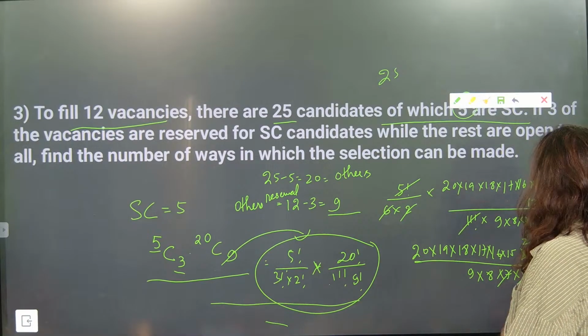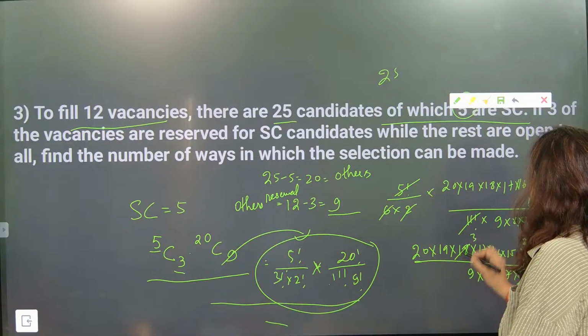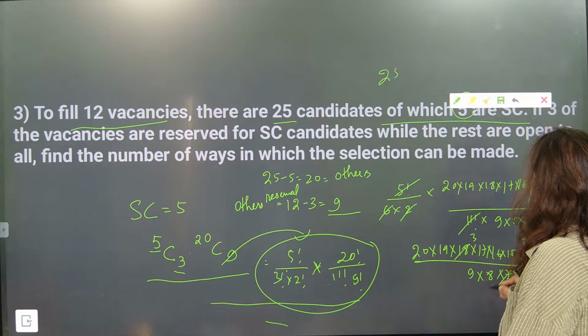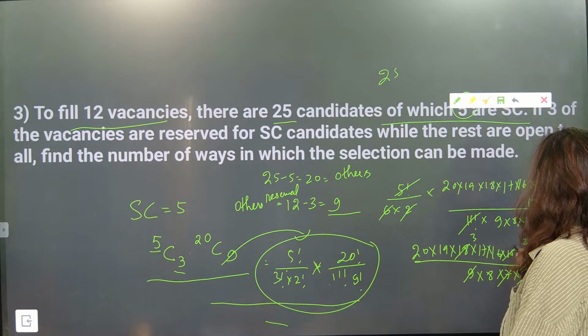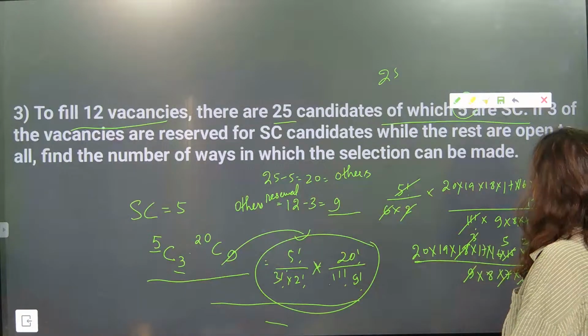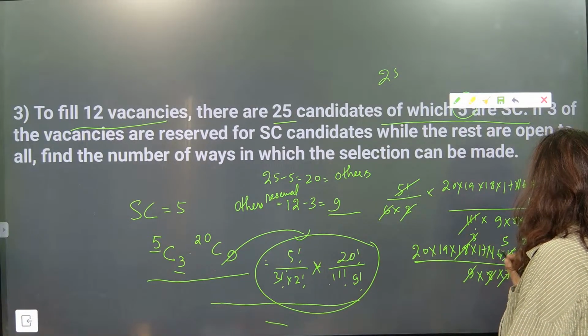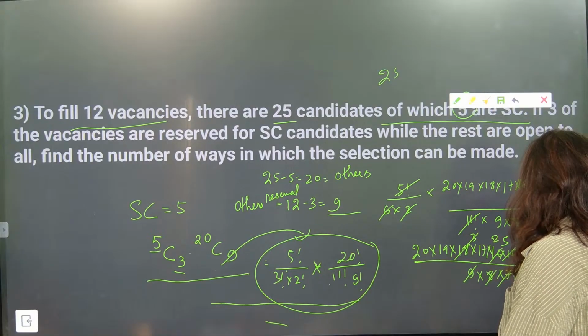Now 6 threes are 18. 9, 5 and 3 gone. 8 twos are 16.